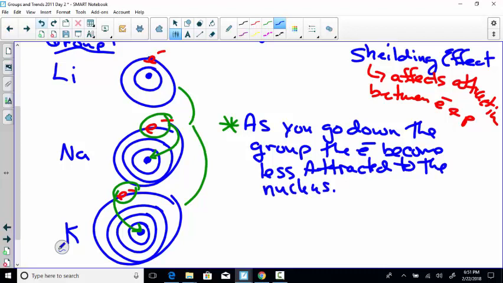Okay? So what do you think that that's going to mean for removing them? Will that make them easier to remove or harder to remove? And the result of that is it essentially makes electrons easier to remove.